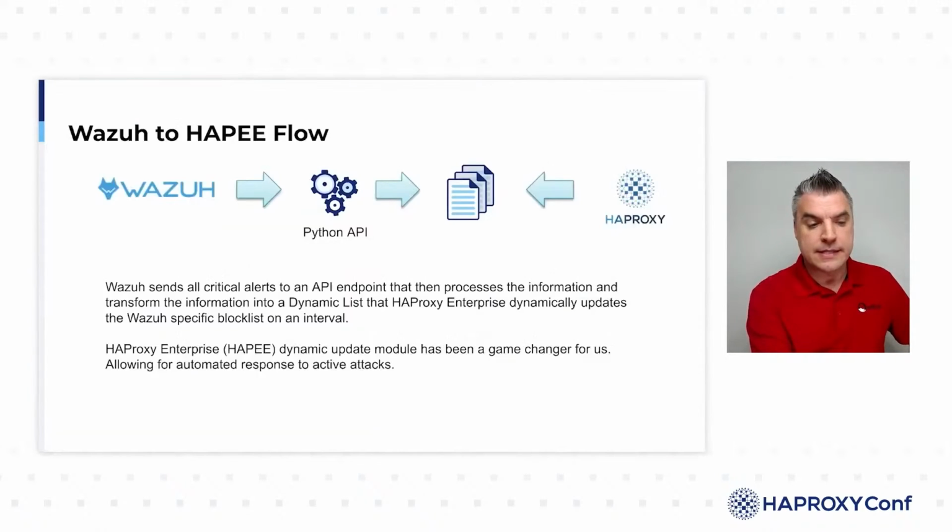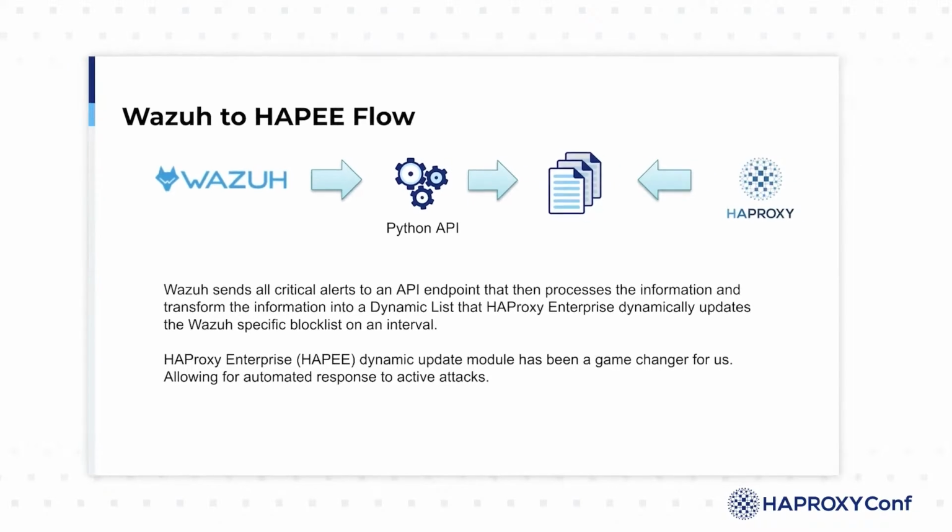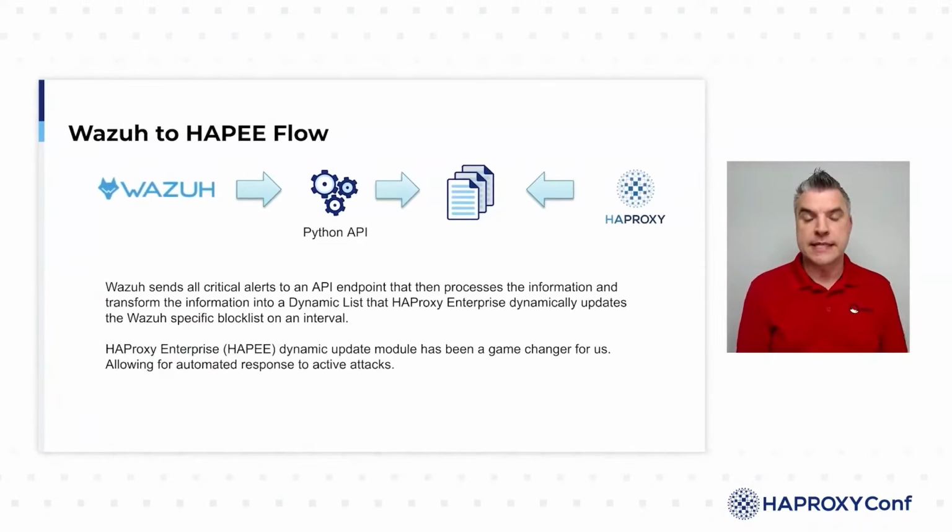Let me give you an example here. If you look at this diagram, you'll see that we have Wazuh, and I created a Python API that accepts the requests coming in from Wazuh, converts them into a dynamic list, and then I have HAProxy Enterprise ingesting that. So if for some reason a request gets past all my rules, Wazuh still has the ability to make its own decision and decide whether to allow or disallow this traffic.